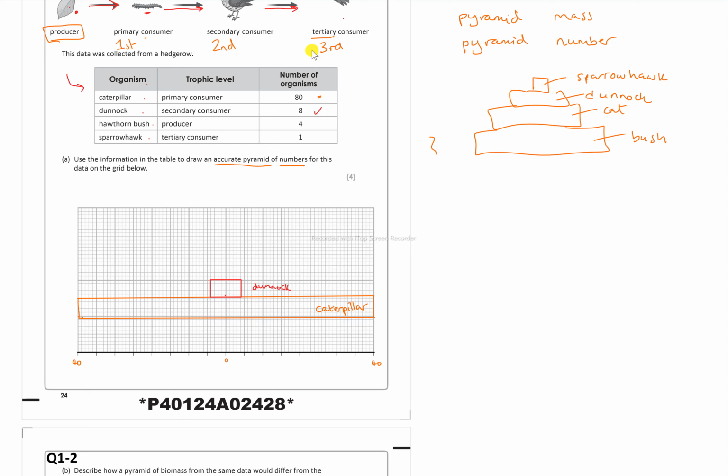You've got 8 Dunnocks. Right, I can now do 4 of these. So look, that's 0. I go 2 on this side and 2 on this side. So go up carefully, go across, 1, 2, and there.